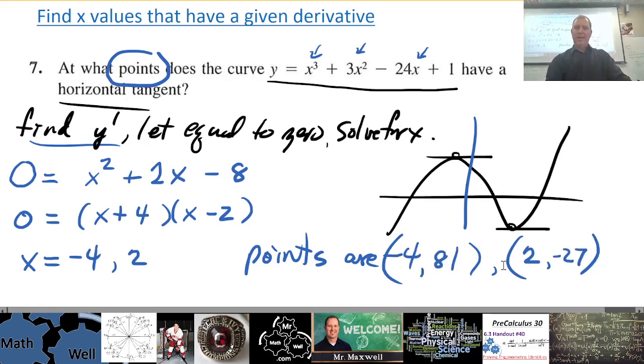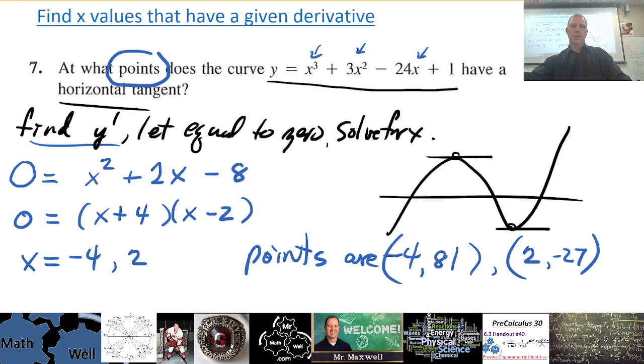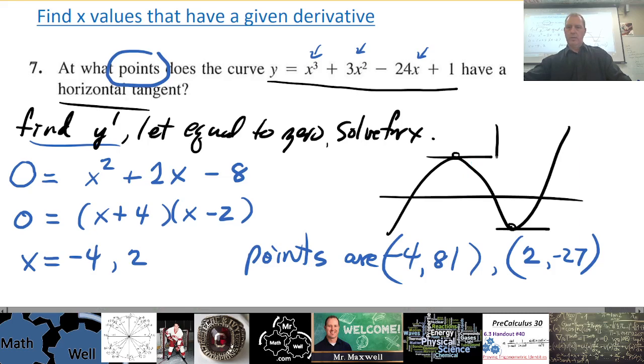So the points will be negative 4, 81 and 2, negative 27. So our graph would roughly look like this, not exactly to scale, but here's our negative 4, 81 point, and here's our, sorry, positive 2, negative 27 point. All right.